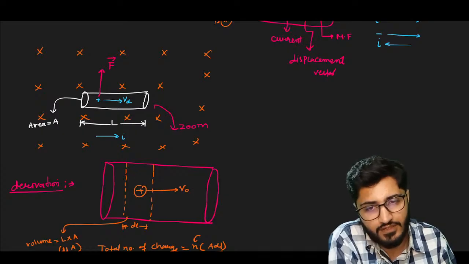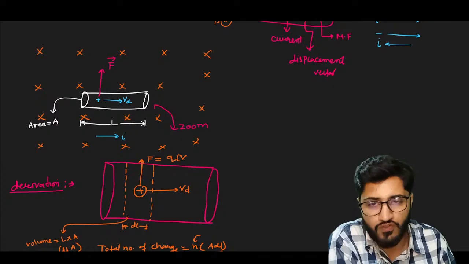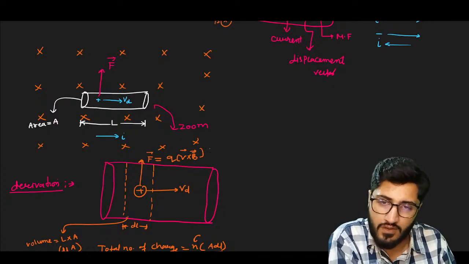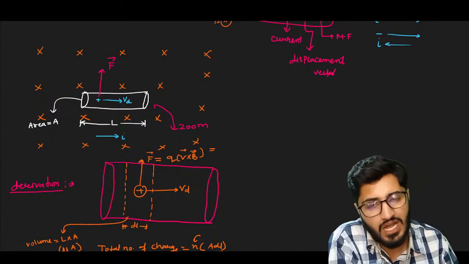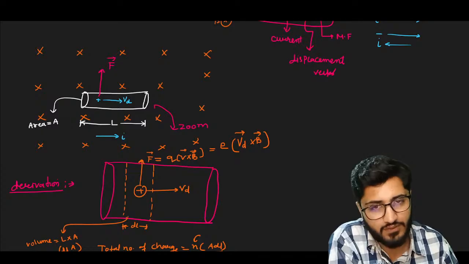So look here, positive, Vd is in this direction, force is here. So what is force? Is it Q V cross B? Yes, sir. What is Q? I will take it as e. Done. What is V? Is it drift velocity Vd? B is B. Look here now.